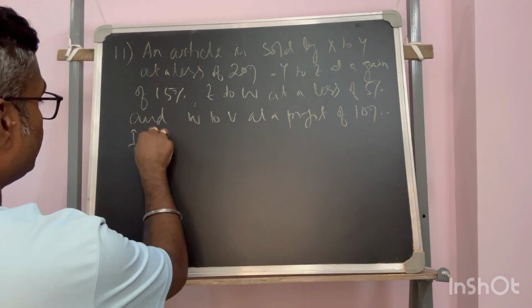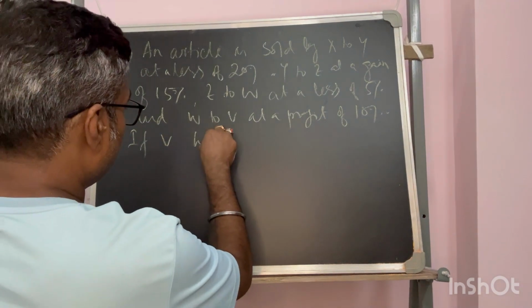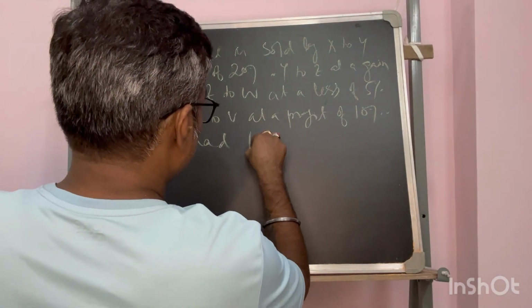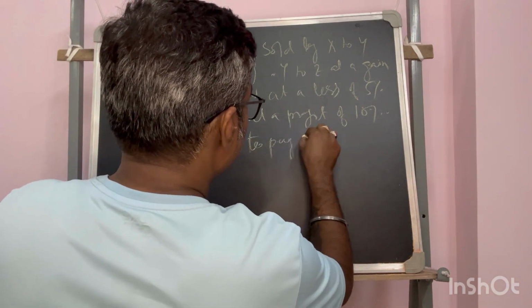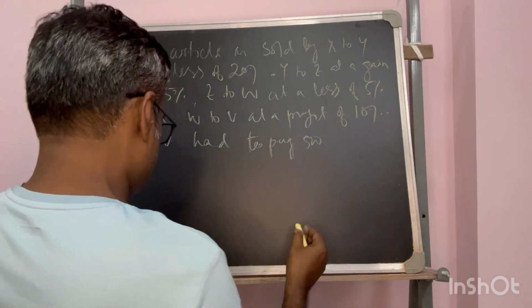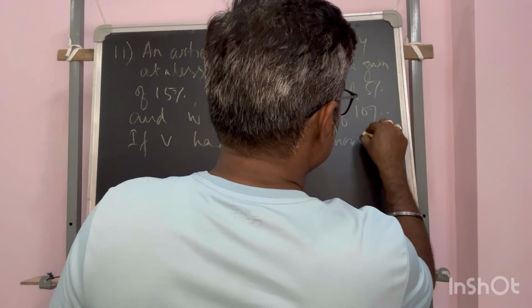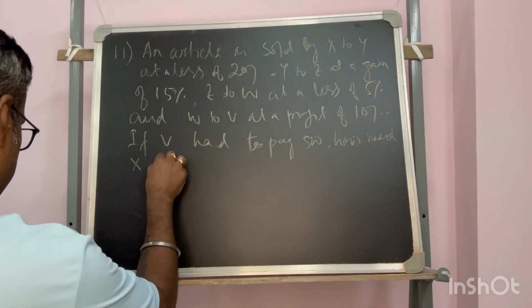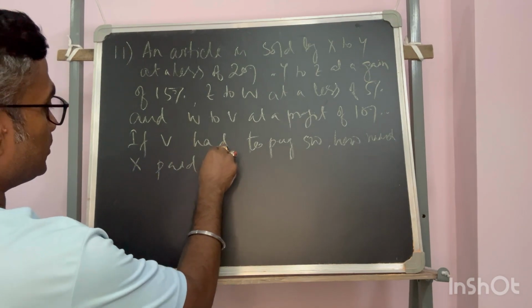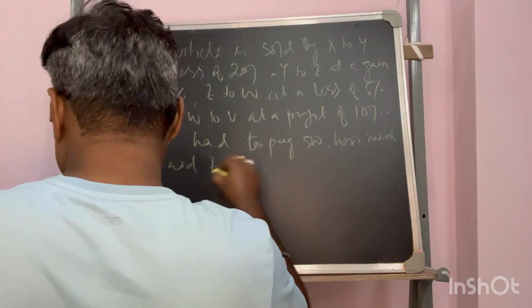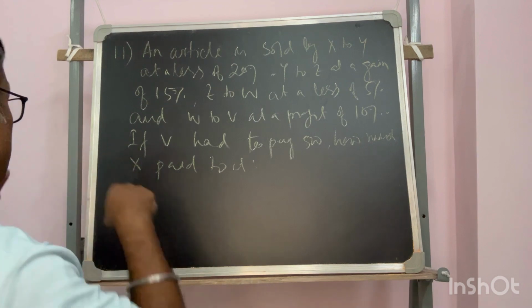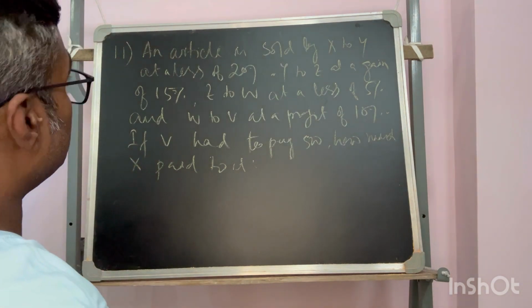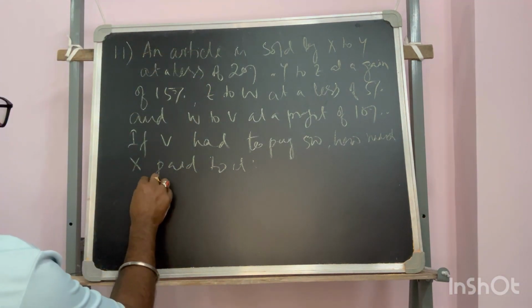If we had to pay 500, how much did X pay for it? Okay, so let me keep the persons according to the transaction.